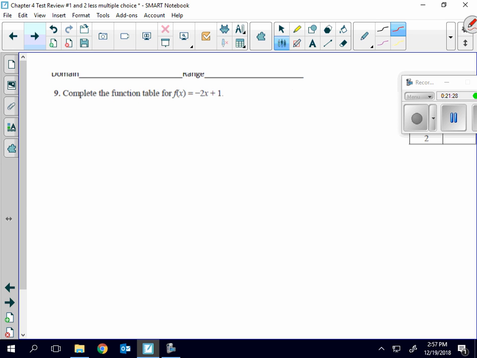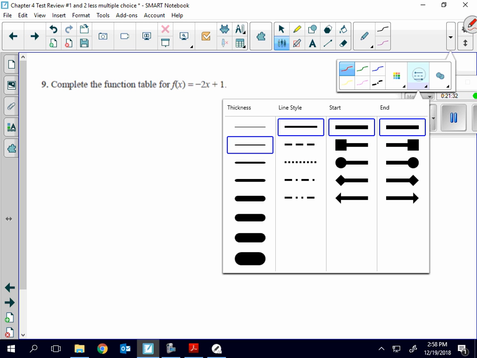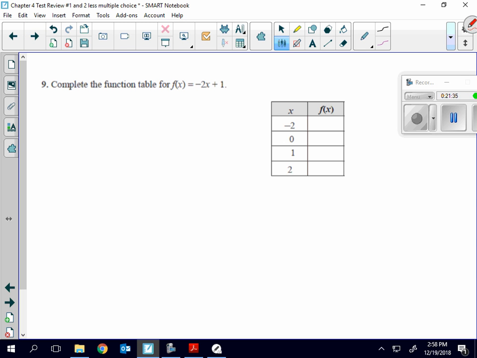Complete the function table. All right, that looks better. Okay, complete the function table for f of x equals -2x plus 1. So when I plug in -2, you have -2, I'm just rewriting this, times x, which is -2, plus 1.